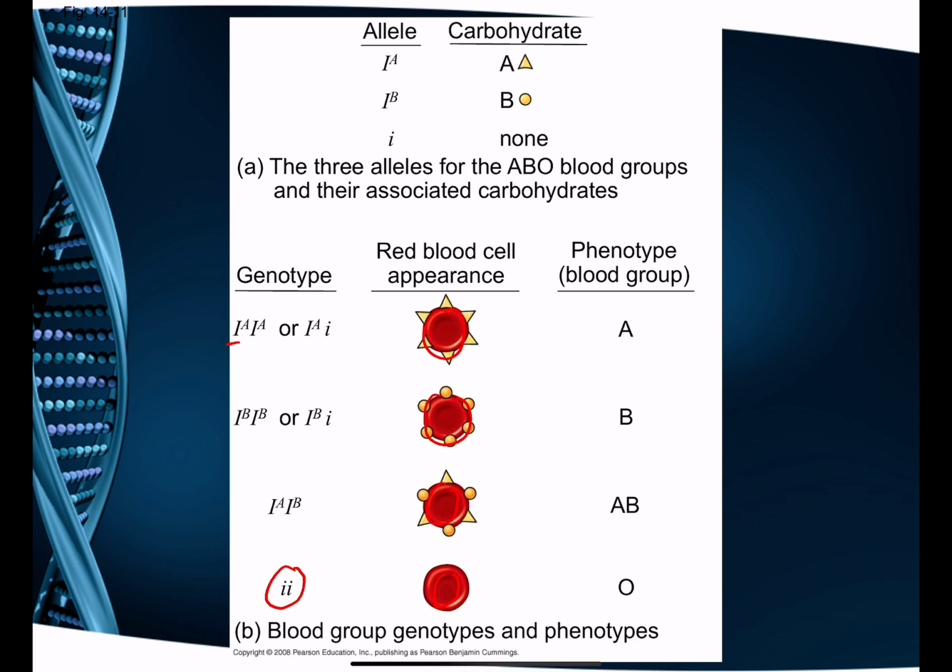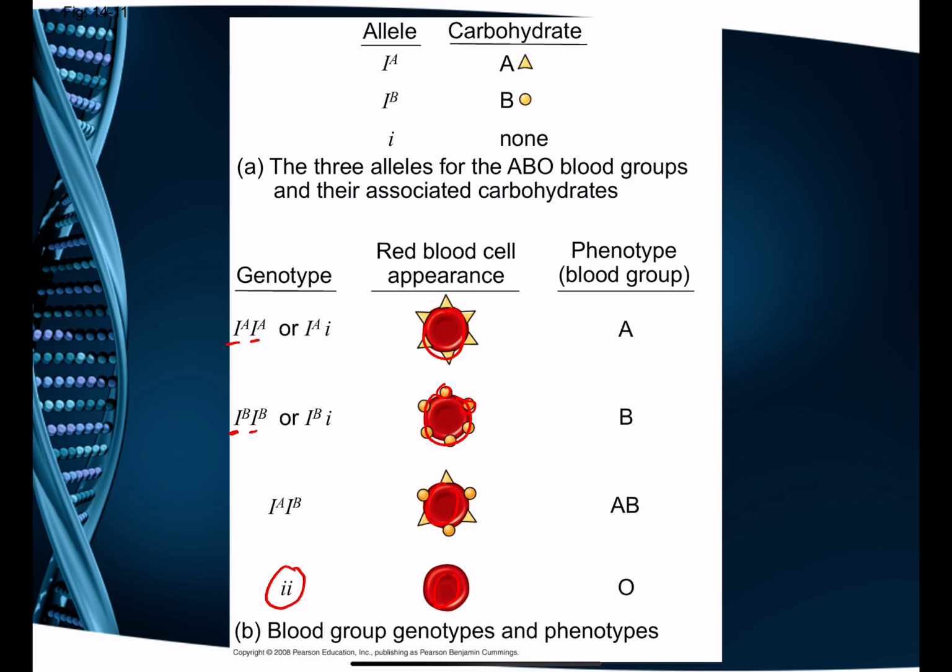These I big A or I big B code for surface proteins called antigens, which give the red blood cell a specific appearance, okay? That's what causes you to only be able to accept certain types of blood, okay?